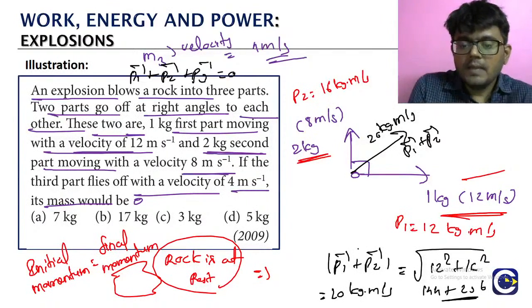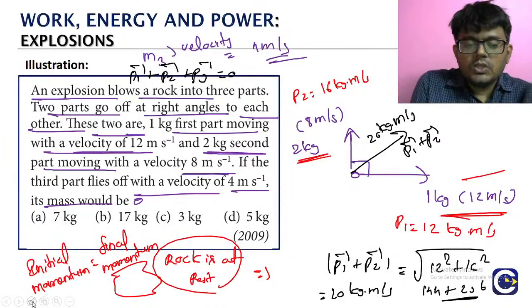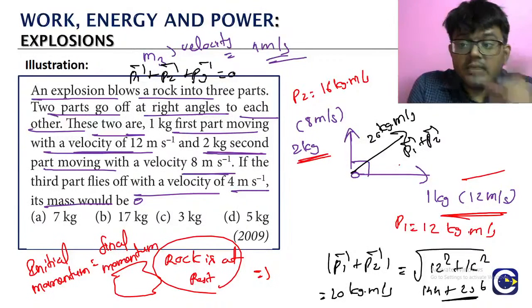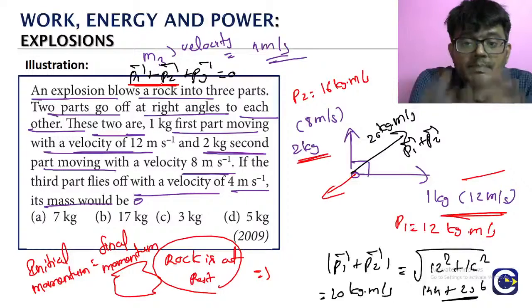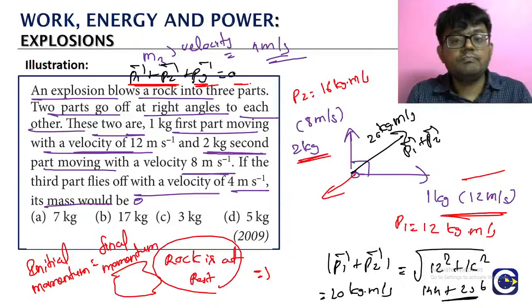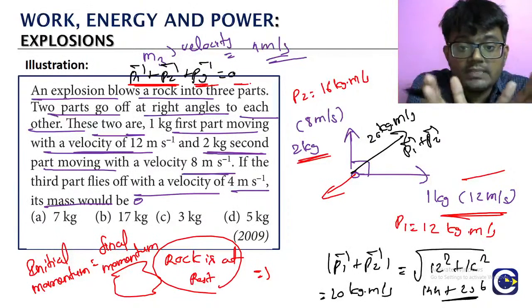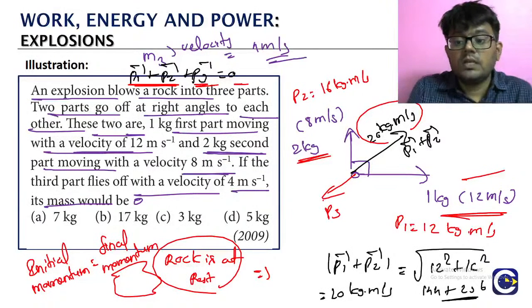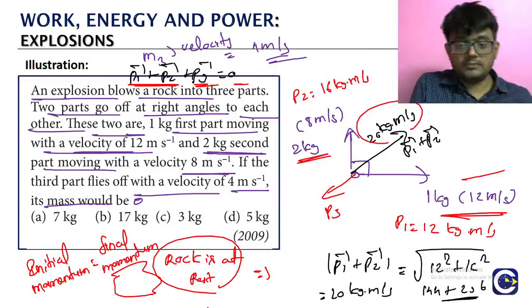Now, P3 should have the same magnitude. When P1, P2 and P3 are added, we get 0. Whatever the resultant of P1 and P2 is, 20 kg meter per second, P3 should have the same magnitude, but the direction should be exactly opposite.